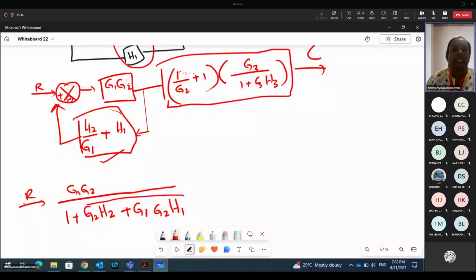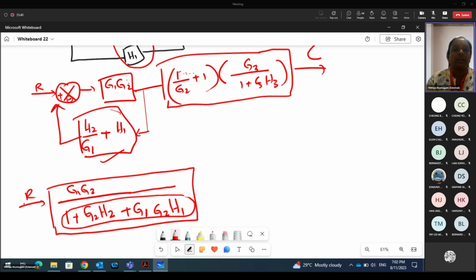This area is actually a summary of what we will get when we combine the block diagram in terms of G over 1 minus GH. When we summarize this, we will get to this. All right.